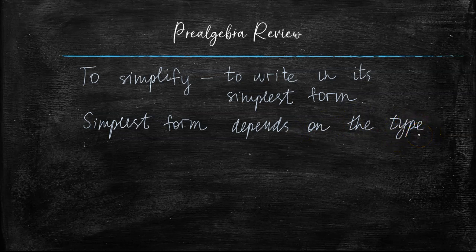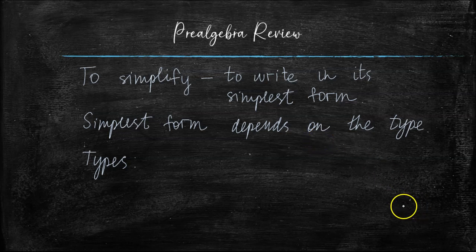So the natural question to ask here is, what different types of expressions are there? And here I'm going to ask you, do you remember all the operations that we listed in one of the previous videos? How many operations are there?